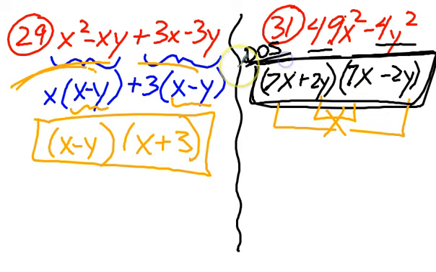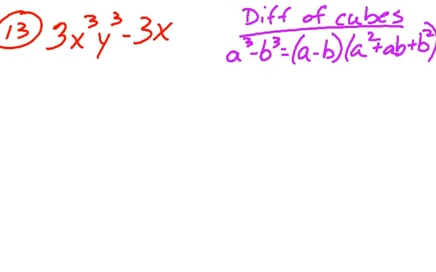So fix that. All right, on this one looks real ugly to begin with, and it is kind of ugly, but remember our steps are to combine like terms, which we don't have here. The second step would be to do GCF. So I need to see if there's a GCF. Well, there is. There's a 3 in both, and there's also an x in both. So I'm going to pull that out of those.